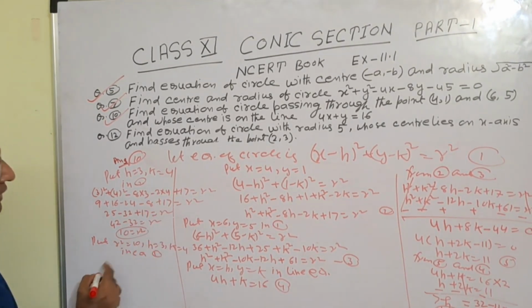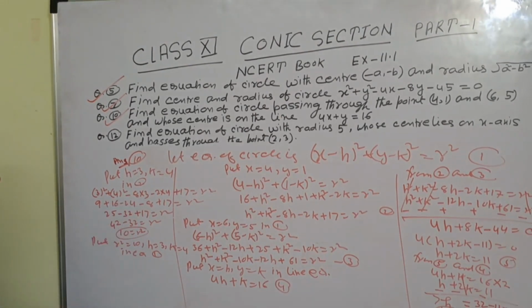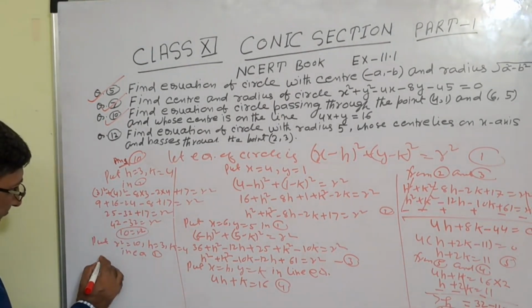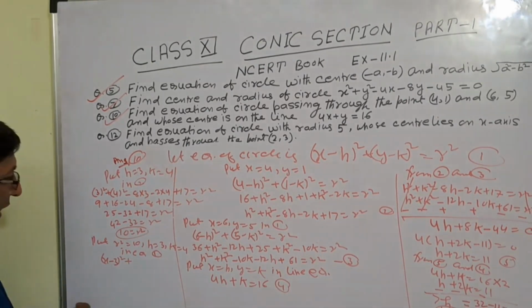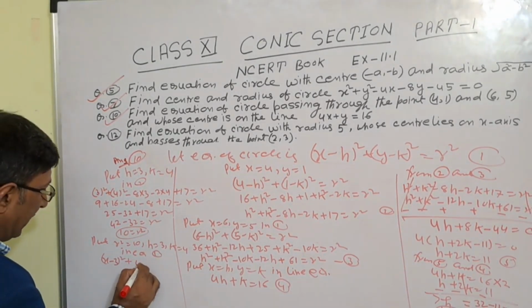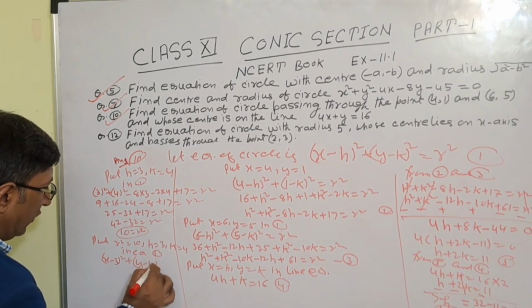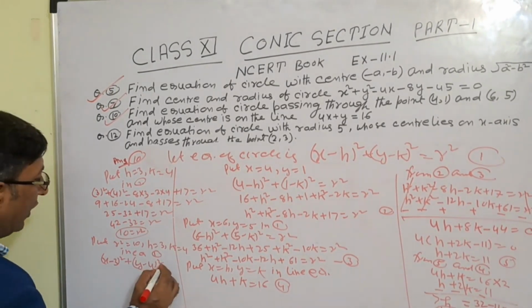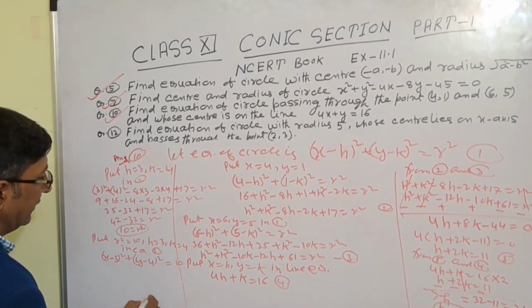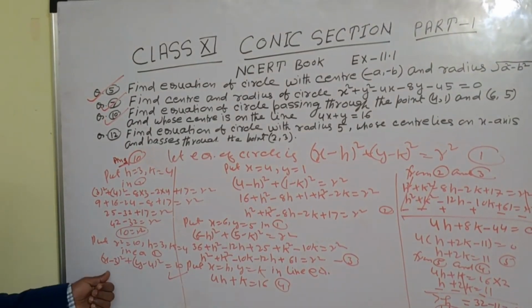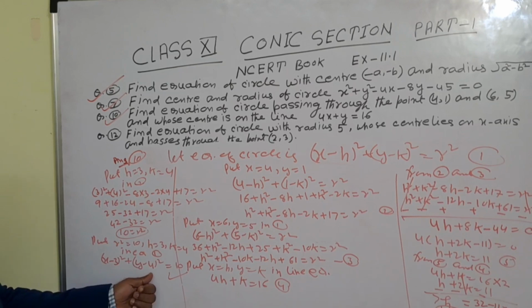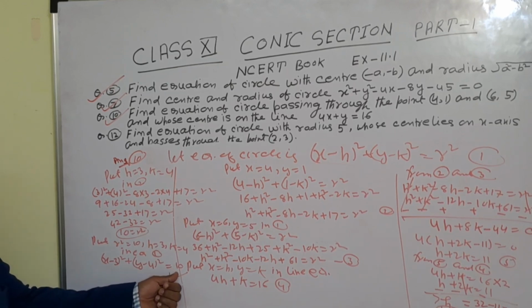So you will get x minus h whole square, that is x minus 3 whole square, plus y minus k, so that is y minus 4 whole square, equal to r square, that is 10. This is the required equation. X minus 3 whole square plus y minus 4 whole square equal to 10.